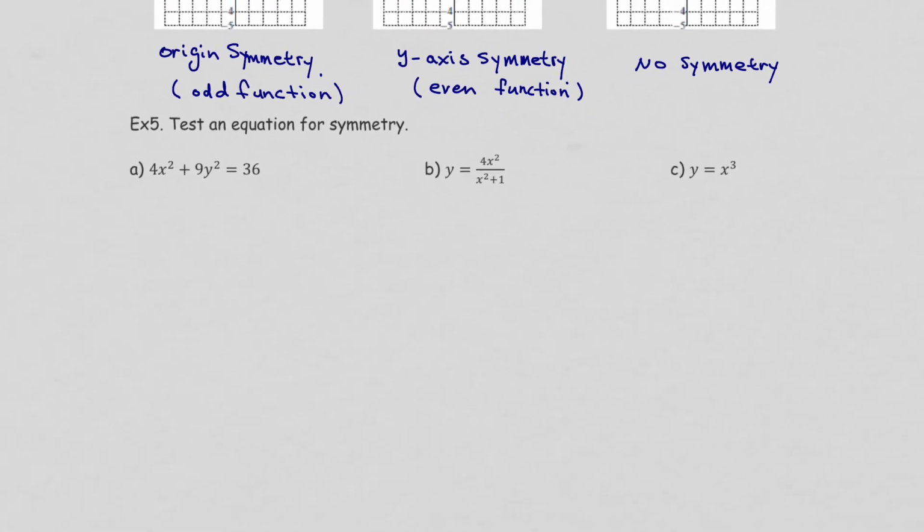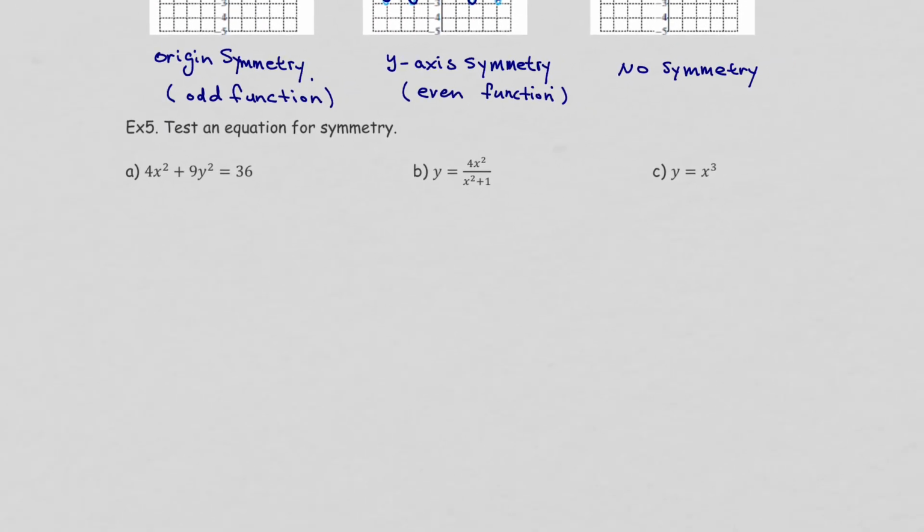Let's look at example 5. Test an equation for symmetry. So we can see what types of symmetry it is from the graph. What about from the equations? So basically what you need to do is test the points, right? You're going to test the points for x-axis symmetry by letting y equal negative y.